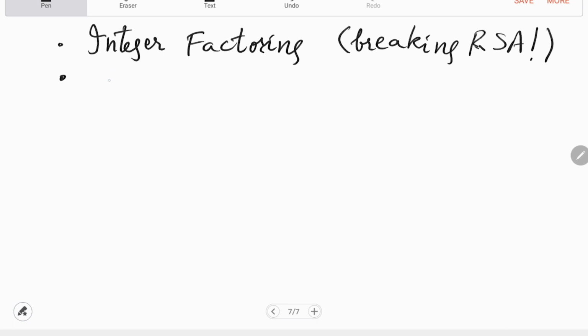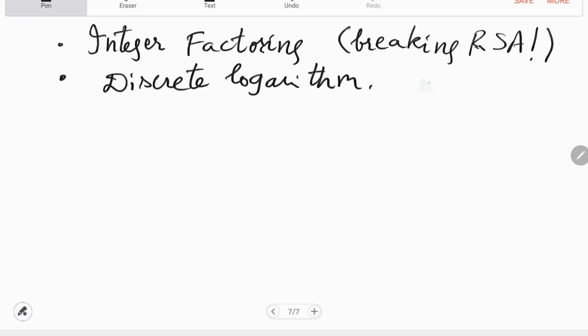And something related to RSA is also the discrete logarithm. So discrete logarithm is basically, just like logarithm, you are given a and b and you want to find x.